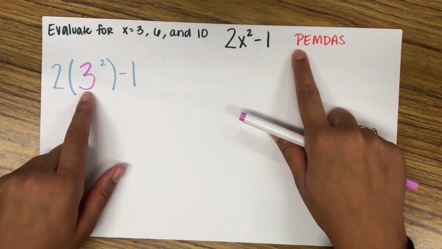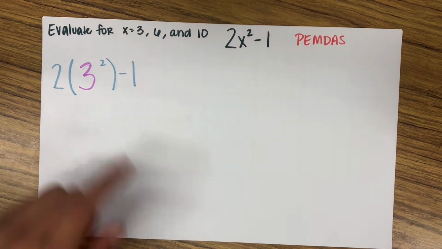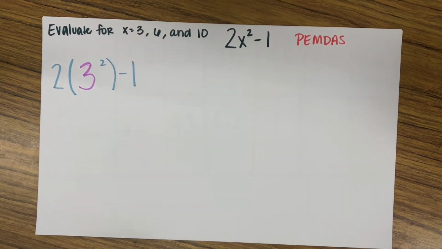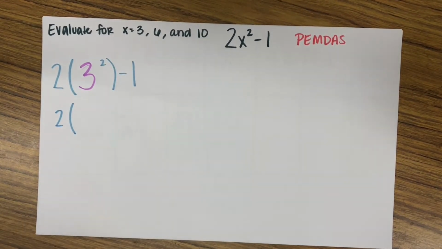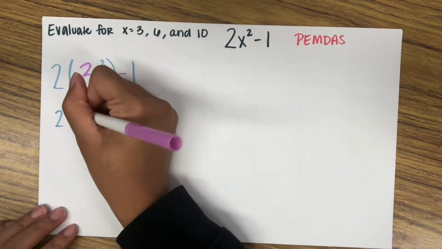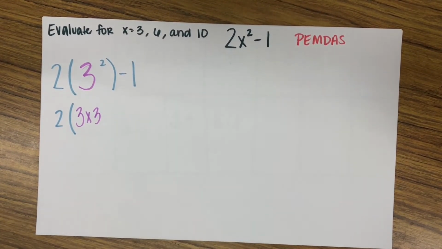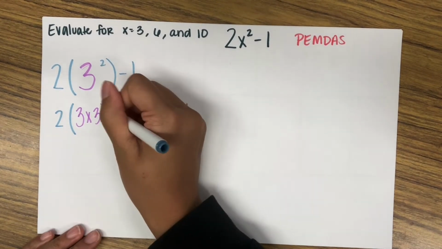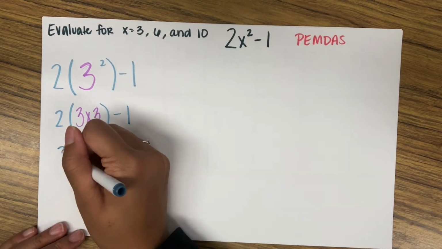The only operation within my parentheses are the exponent, which is also the next thing that I need to solve. So I will have 2 times 3 squared, which is the same thing as 3 times 3, minus 1.